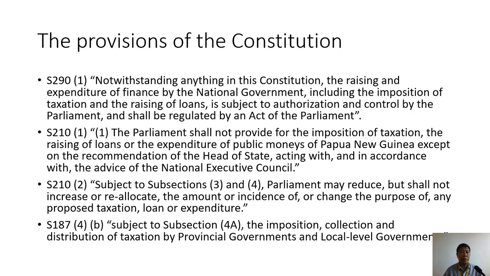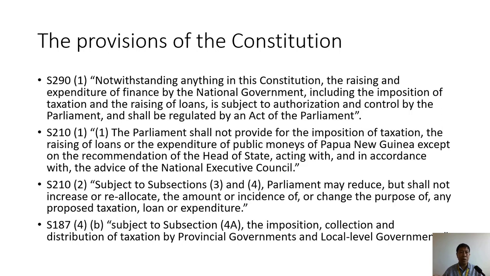In Section 210, subsection 1, it says the Parliament shall not provide for imposition of taxation, the raising of loans, or expenditure of public monies of Papua New Guinea except on the recommendation of the head of state, acting in accordance with the advice of the National Executive Council. As you can see, this creates a control with regards to the power of the Parliament.